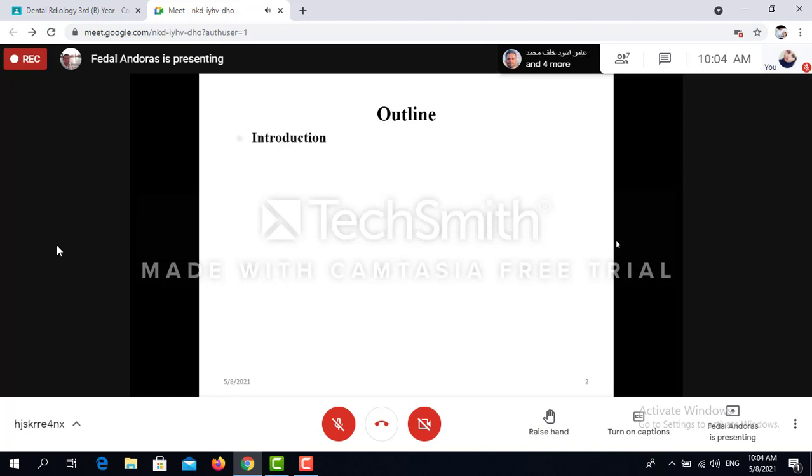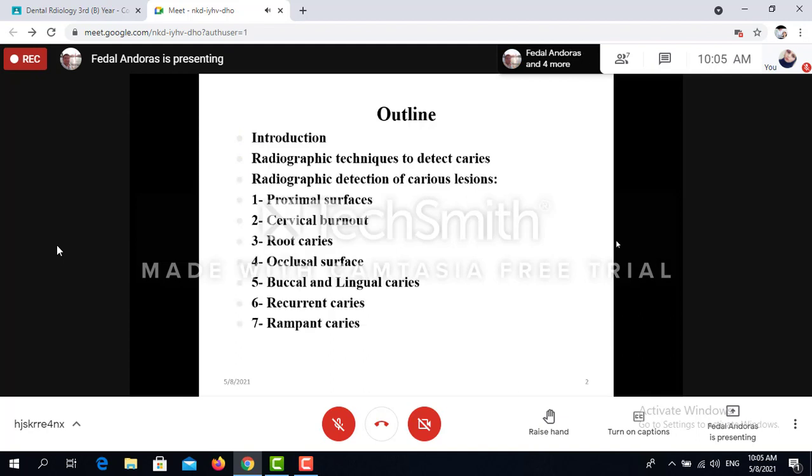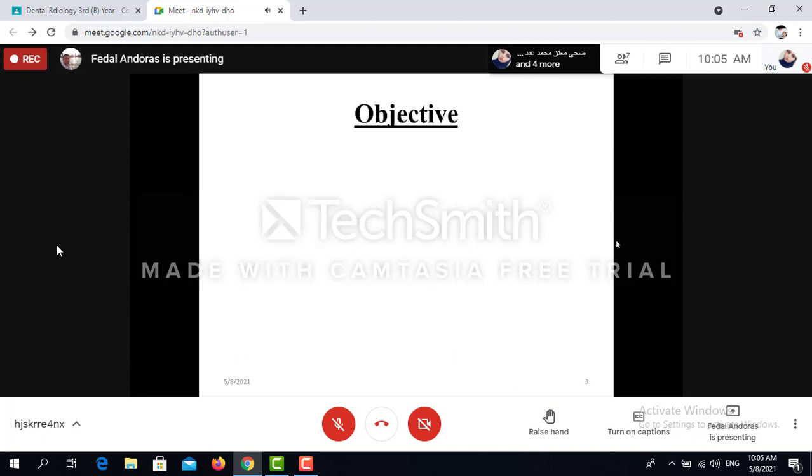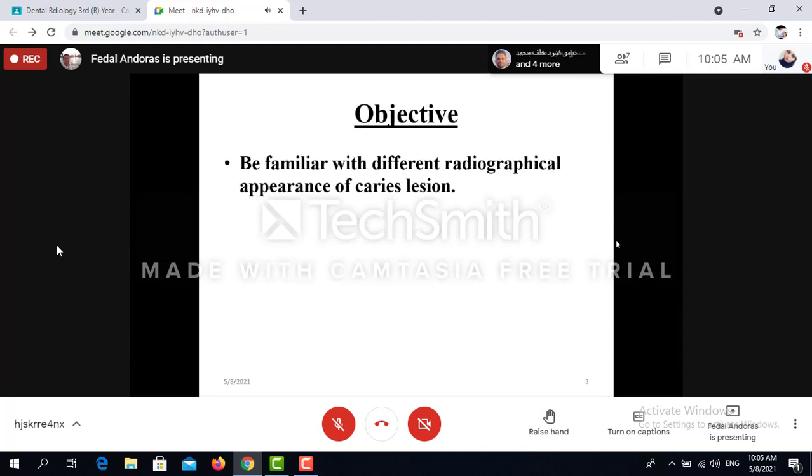So the outline of the lecture will be a short introduction, radiographic techniques to detect caries, radiographic detection of caries lesions like proximal surfaces, cervical burnout, root caries, occlusal surface, buccal and lingual caries, recurrent caries, and rampant caries, and the summary of the lecture. So the objective will be to be familiar with different radiographical appearances of dental caries.